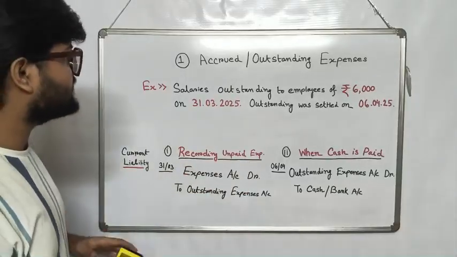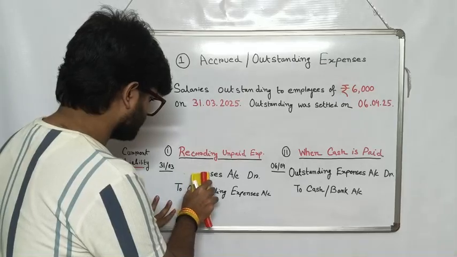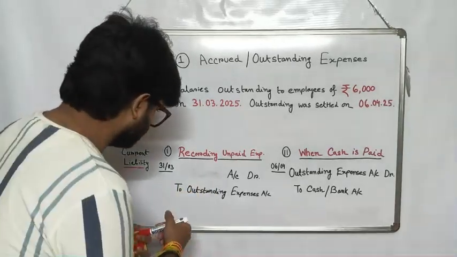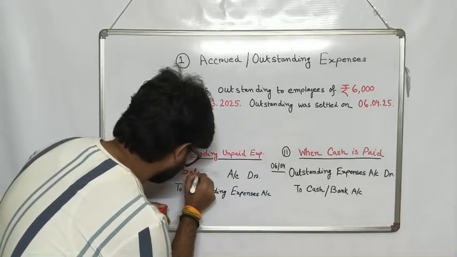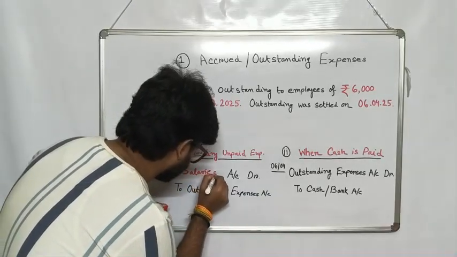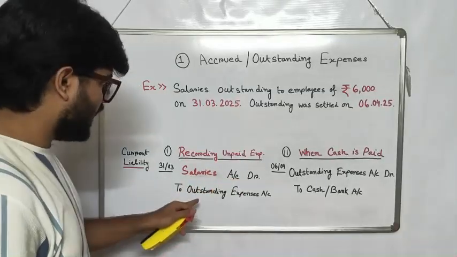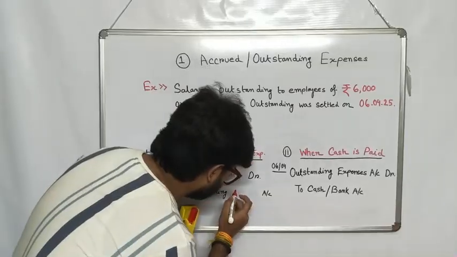Now the expenses account here is salaries account. So writing it down, salaries account.